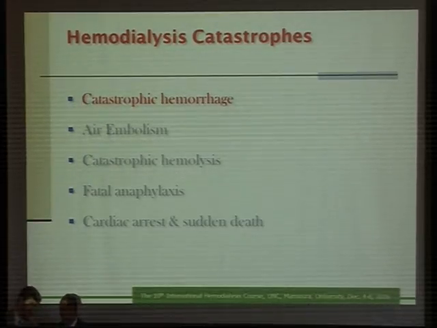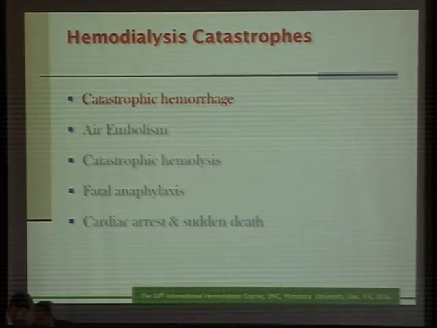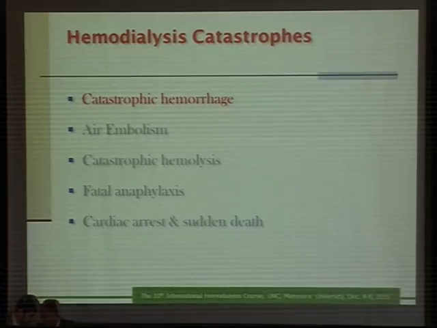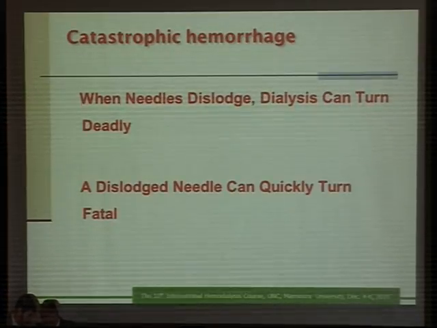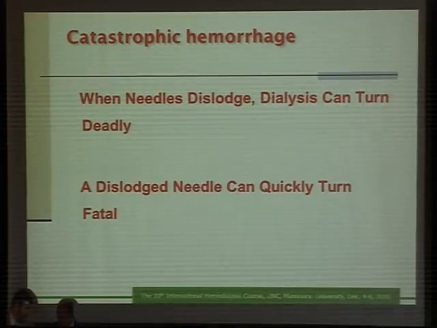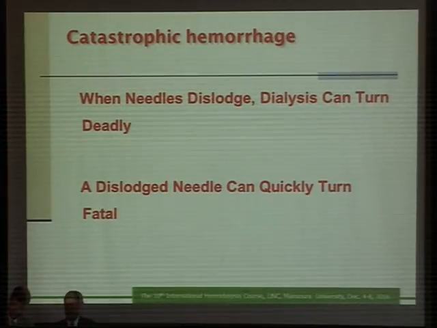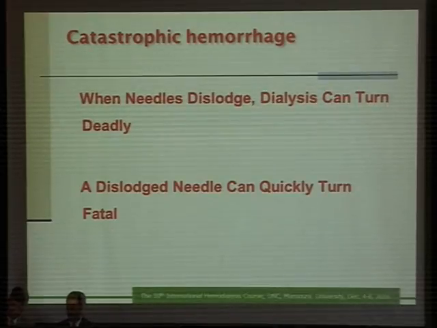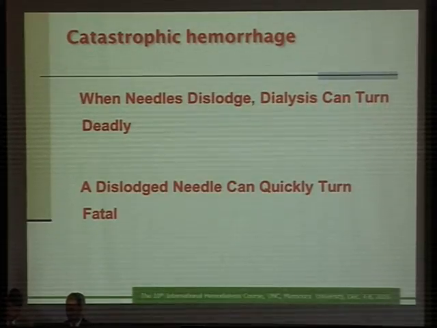Let's start with the first catastrophe, the catastrophic hemorrhage. The most common cause of catastrophic hemorrhage is needle dislodgement. Actually, this is a very dangerous complication.